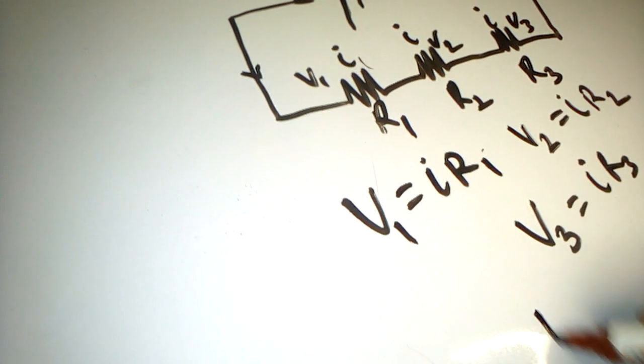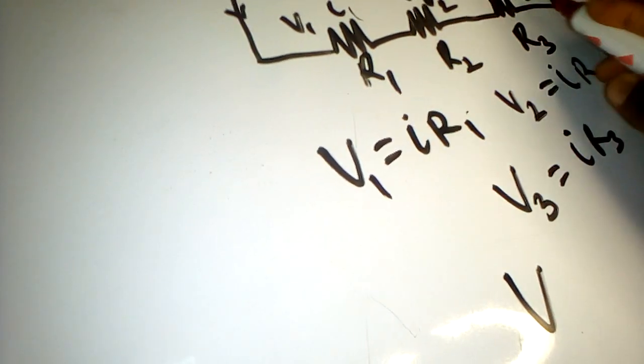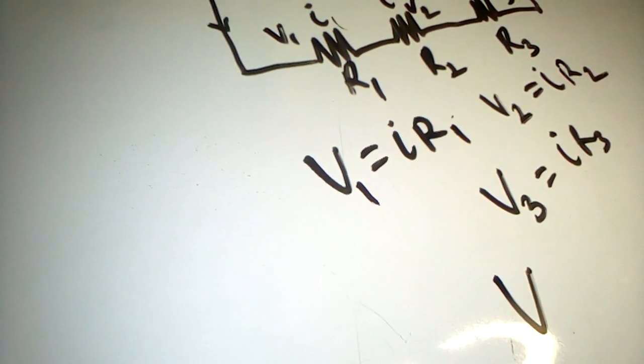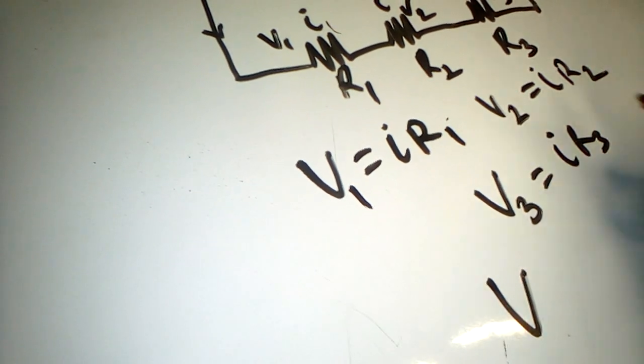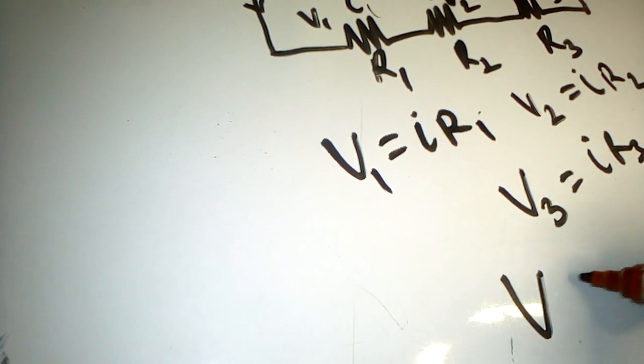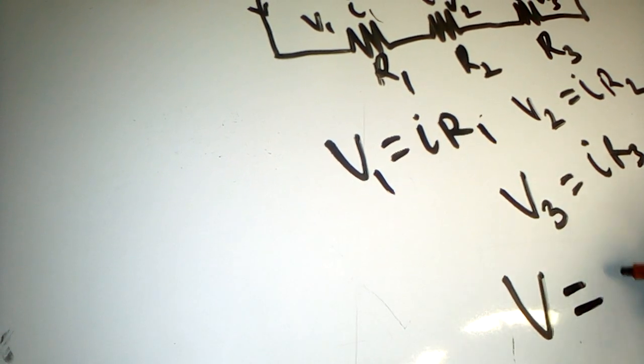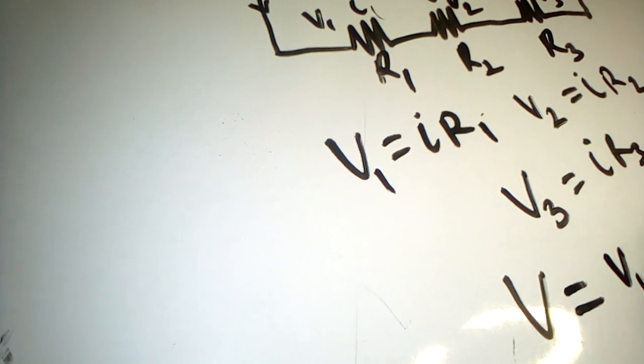So the total potential difference in that circuit, which is what happens when you connect three or more resistors in series, is what? The total voltage is going to be V1 plus V2 plus V3.